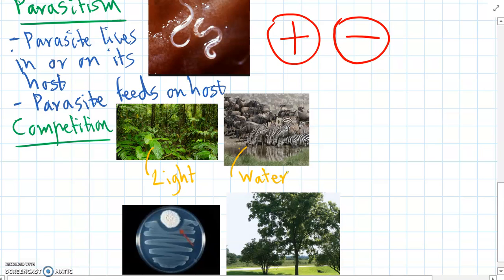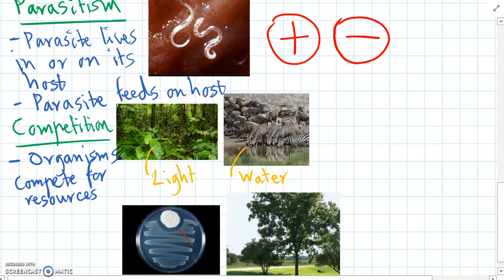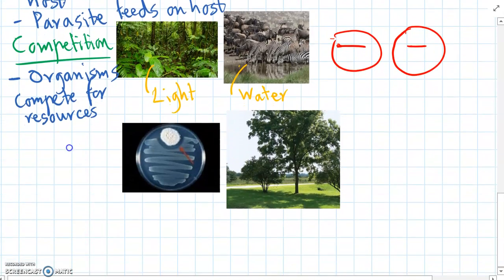So in the environment, there's usually a resource that different species compete for. So organisms compete for resources. And because both species use energy to try and access those resources, they both are harmed with competition. So competition, there's no winner.